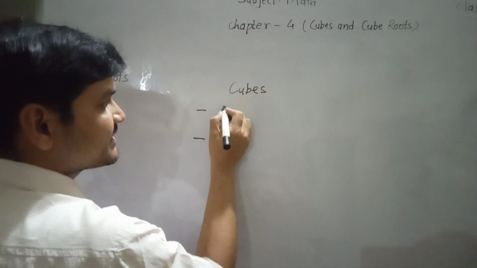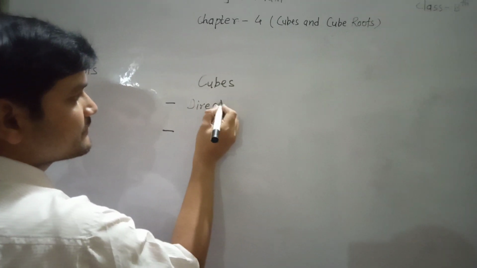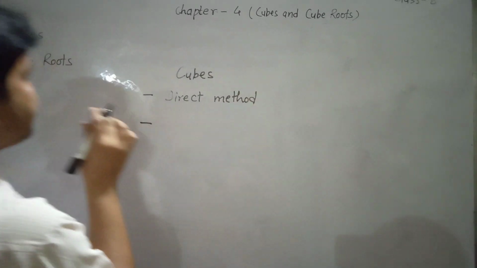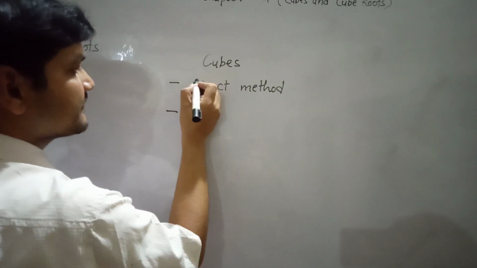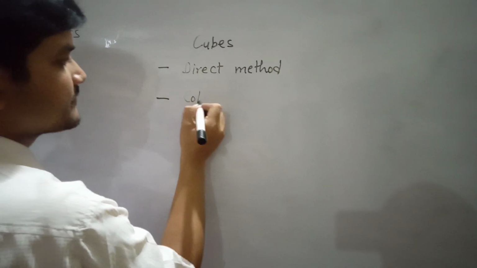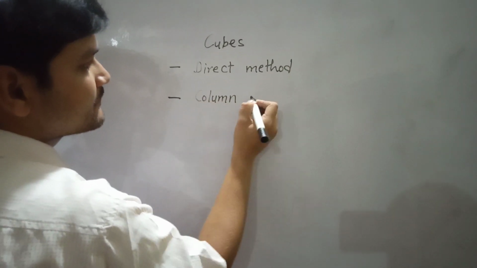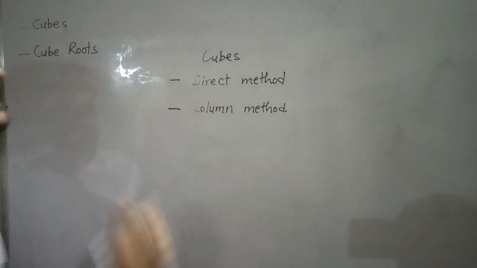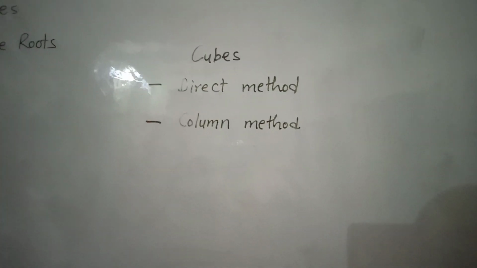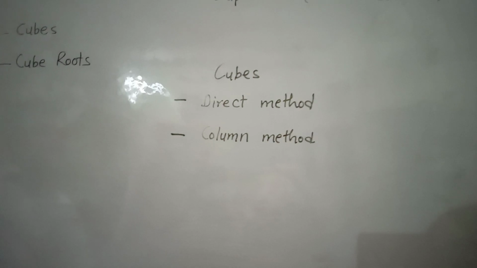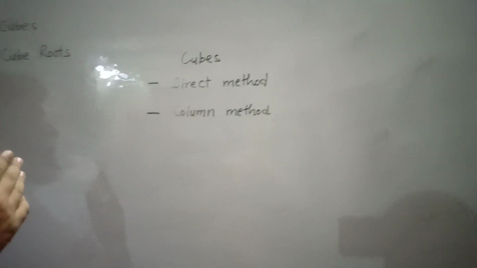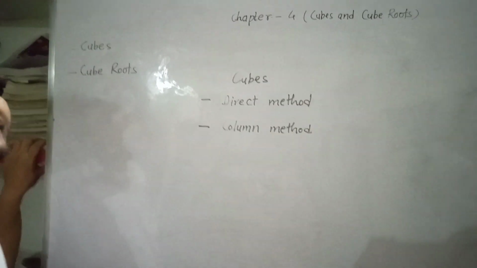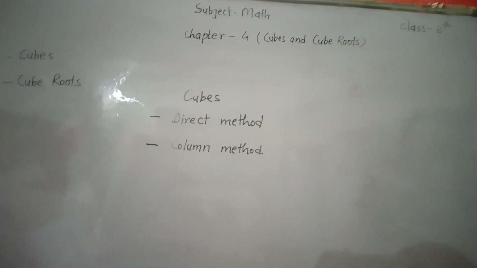First one is the direct method and second is the column method. The direct method is very simple, just like multiplication, and we have already discussed the direct method in the previous chapter, square and square roots.